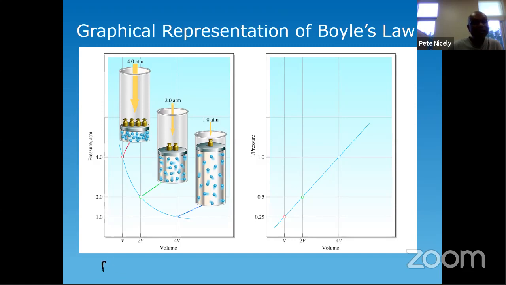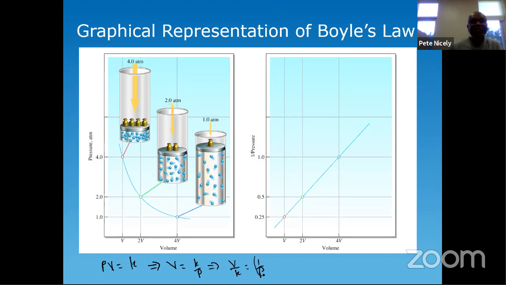If you know that PV is equal to a constant, then you know that V will be equal to K over P, or another way of stating this is V over K is equal to 1 over P.